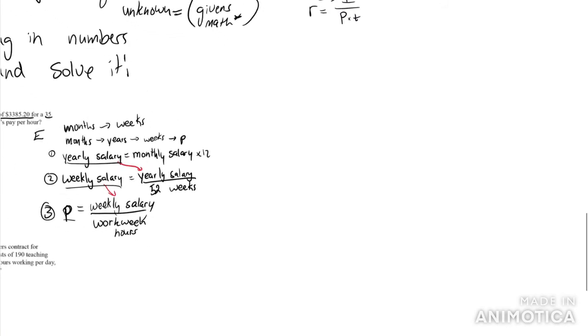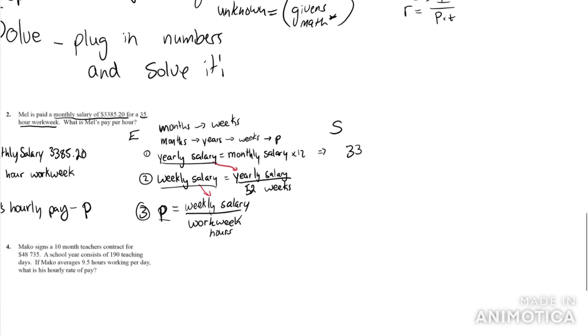So for here, I'm going to start at 1. So I'm going to take $3,385.20, and I'm going to multiply it by 12, and that's going to give me $40,622.40.